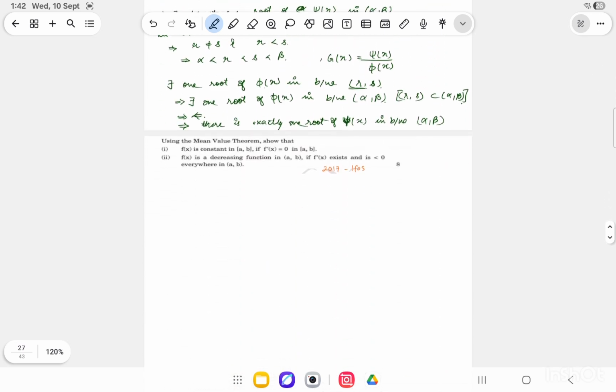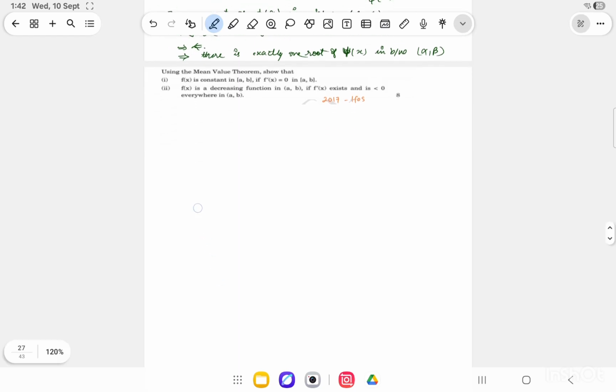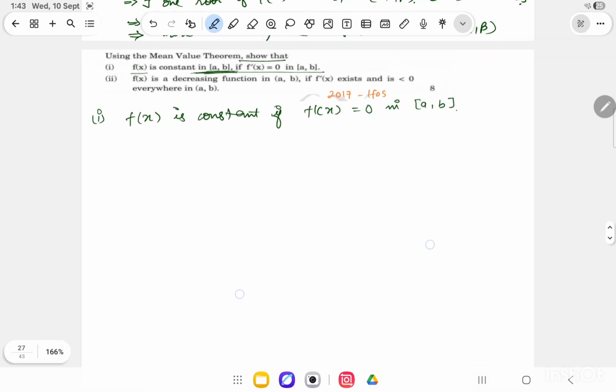The next question says that using mean value theorem, show that the function fx is constant in closed interval a comma b if f dash x is equal to 0. So in the first part of the question we are supposed to show that fx is constant if f dash x is equal to 0 in a comma b.